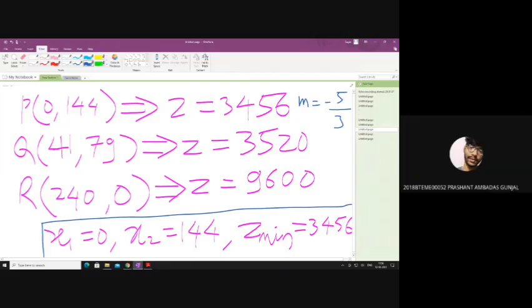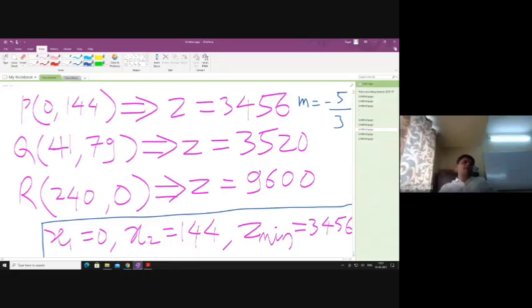Sir, what is the significance of isocost line? Why does it coincide with points? Because you are interested in ultimately confirming your objective. In that objective, there is a contribution of your decision variables, and the same decision variables are there in the constraints. So all those constraints get fulfilled.